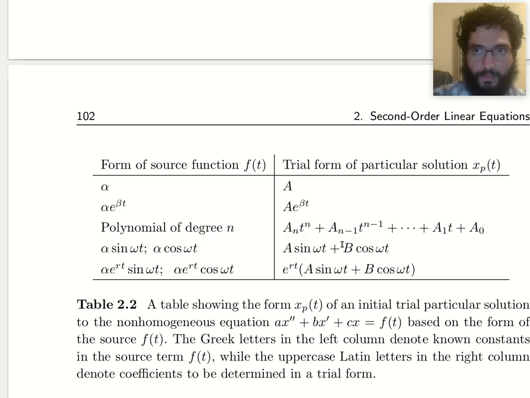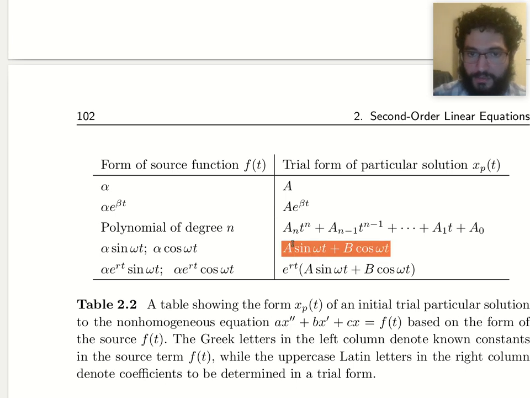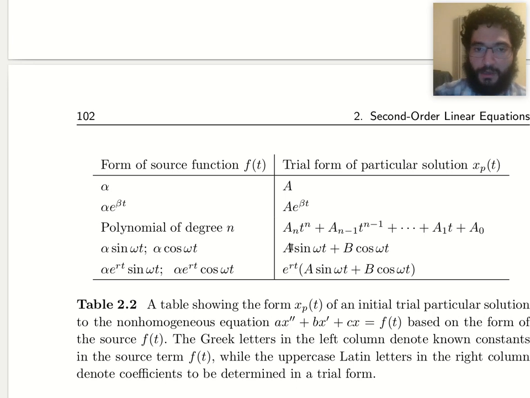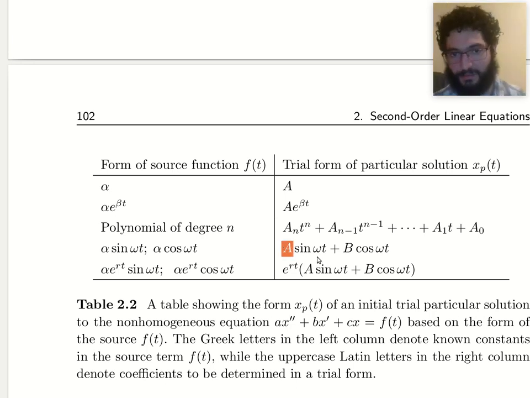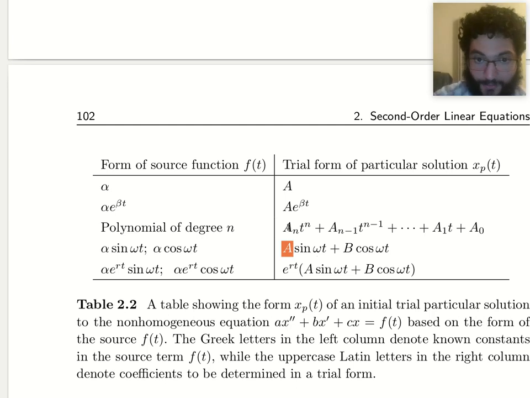So if you want to think about this in terms of the guessing table, the form of my source function is something times the sine of omega t, where my omega is literally the variable omega, so I've left it as an unknown. And so for the trial form for a particular solution, a good guess would be something times sine omega t plus something times cosine omega t. But don't be confused by this A here, since I'm using A as part of my forcing term.